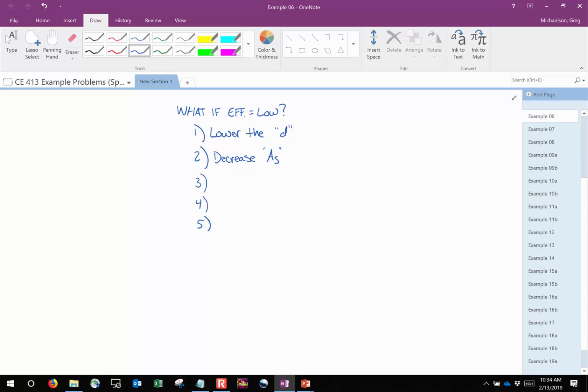There's more. So lower the load, if you have that ability, okay? So I'm going to put that as sort of a number 6. I'll put decrease because I like decrease better. Decrease the load, but I want to talk about that one later.